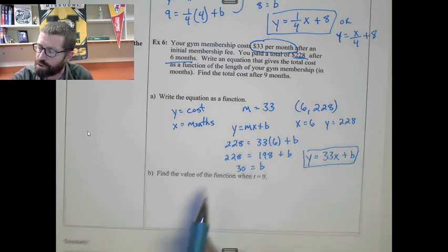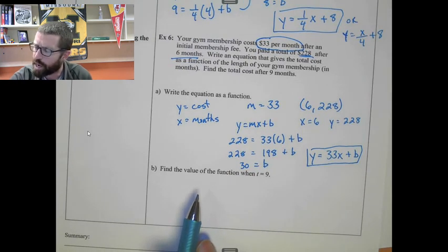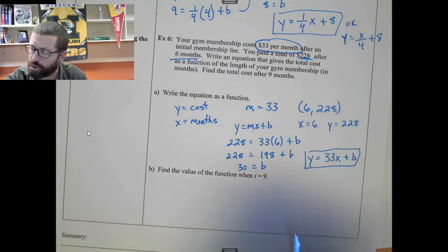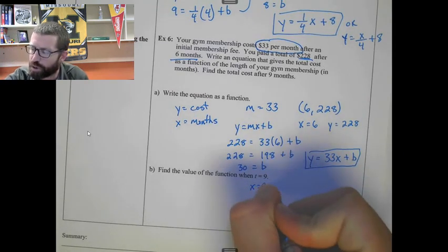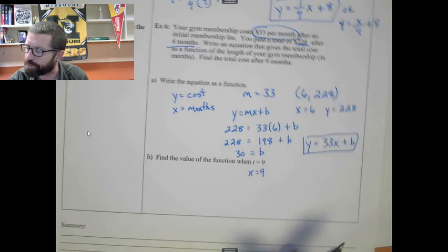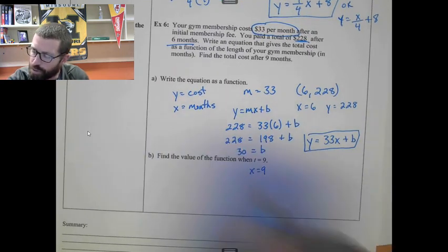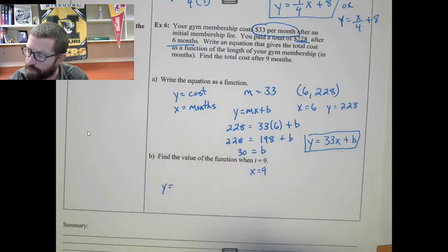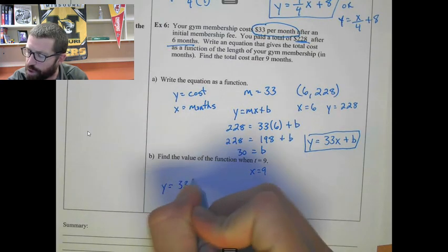And then find the value of the function when t is equal to 9. Oh, was that given to us? No, it wasn't. So t, that implies x. Or I could use t up here. So y is equal to 33. Oh, I see what I should do.